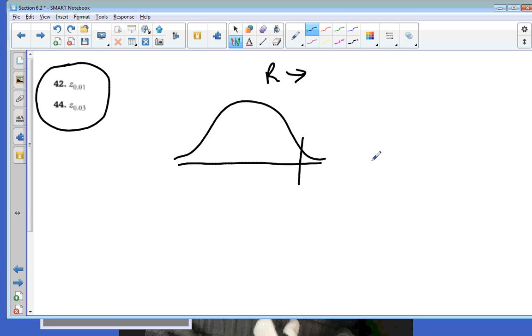It's got to be very close to the end, doesn't it? And I'm looking for area. So remember, on my calculator or my table, it's this area that it's going to be referred to. Or remember symmetry, and I could really look for negative 0.01 or put that into my calculator, and it would be the same area on both sides.